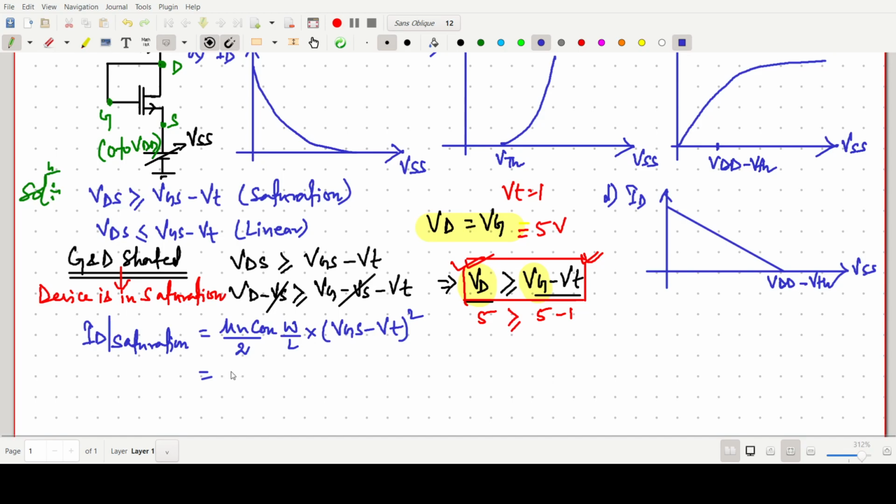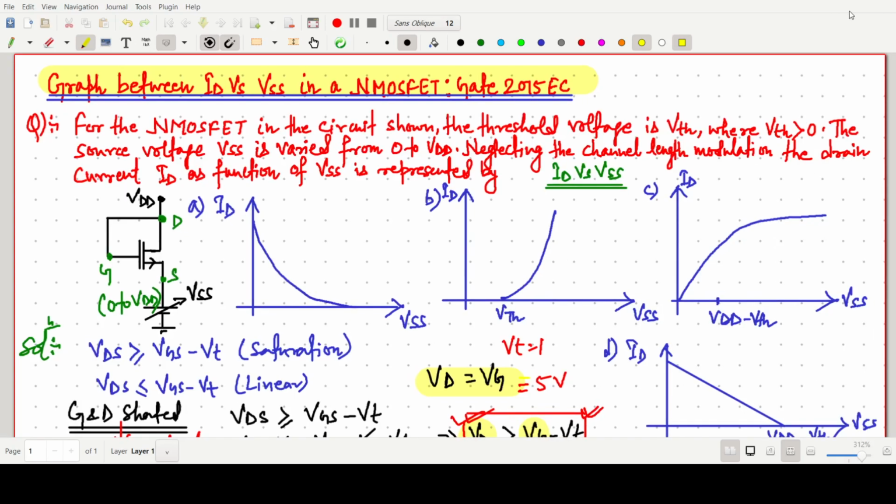Here I am writing only K for all these things, mu n Cox W by L by 2, and VGS we can write as VG minus VS minus VT whole square. For all these things we are writing K, some transconductance parameter.